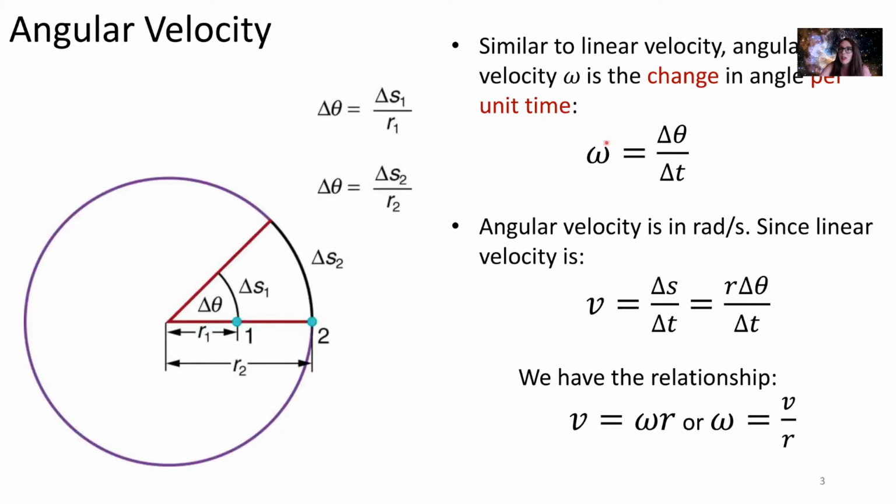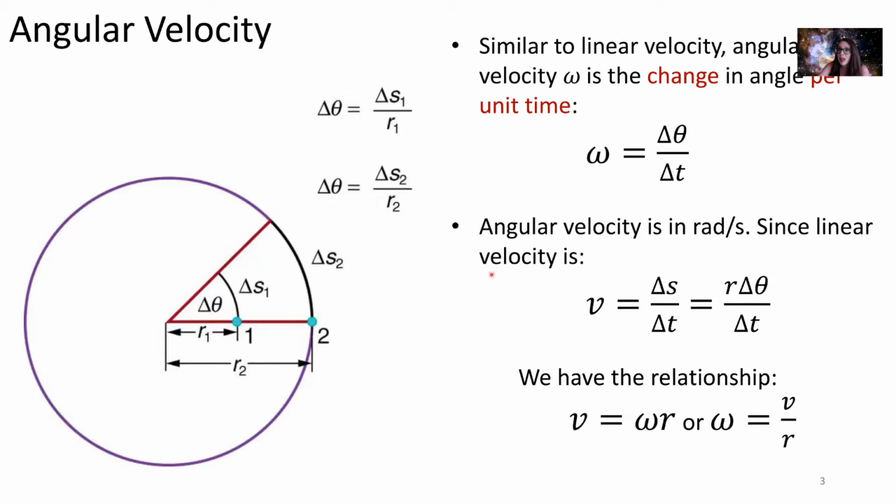So angular velocity is equal to our change in angle, this has to be in radians, divided by our change in time. So the unit for an angular velocity is radians per second, not a degree per second. This angle has to be in units of radians.